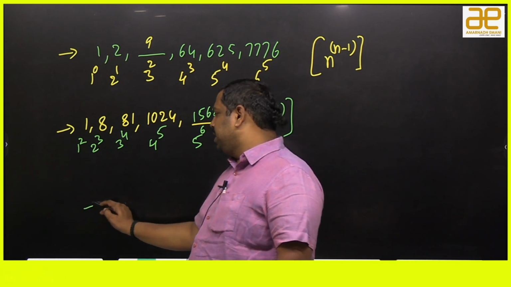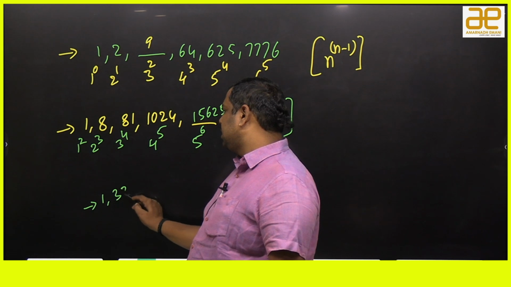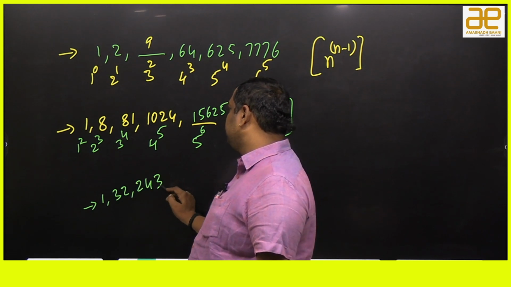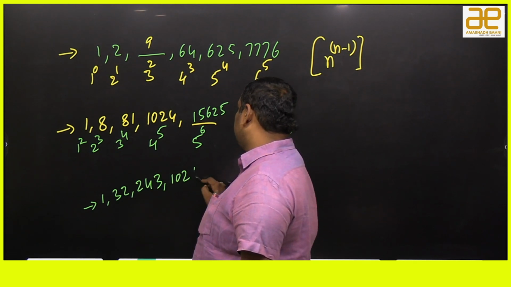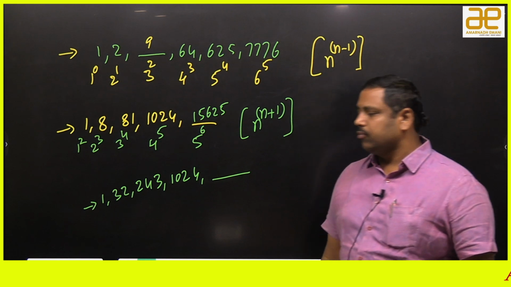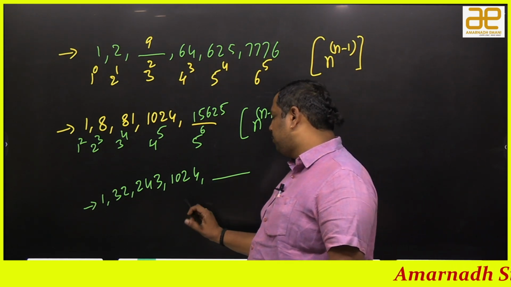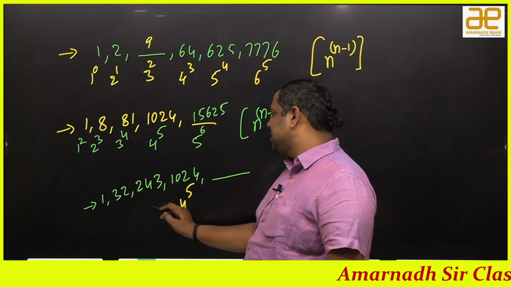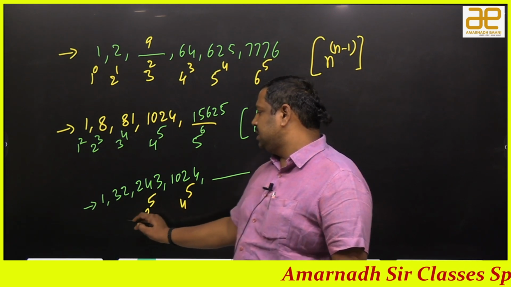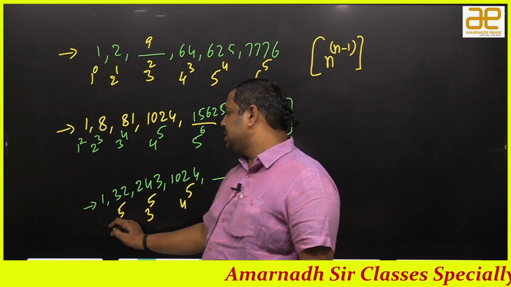So tomorrow it might be 1, 32, 243, 1024, blank. Okay, this time this is 4 power 5, this is 3 power 5, this is 2 power 5, this is 1 power 5.